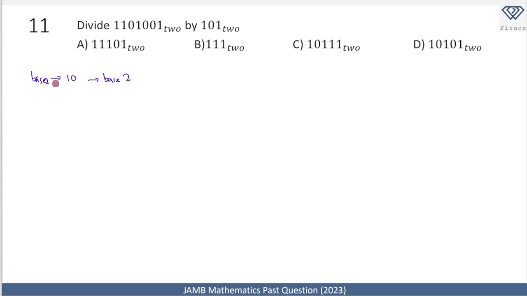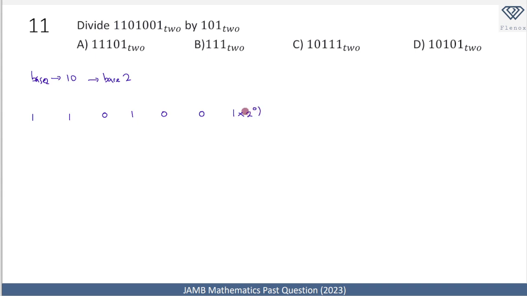So now, how do we convert the first number? Let me write it out: 1, 1, 0, 1, 0, 0, 1. Now, I want to convert it to base 10. So what do we need to do? We need to multiply each digit by 2 in increasing powers, starting from 0.